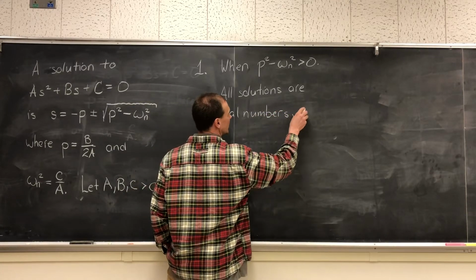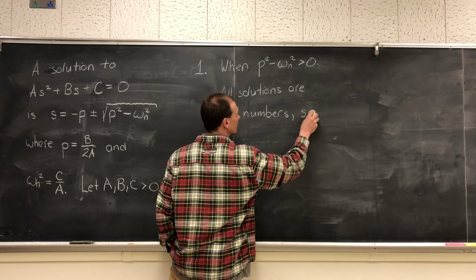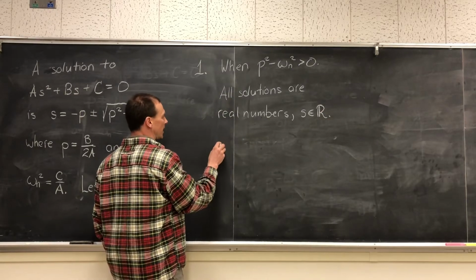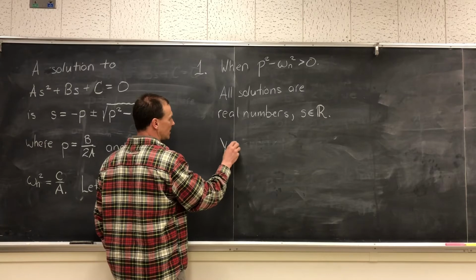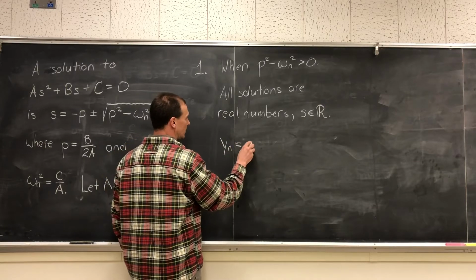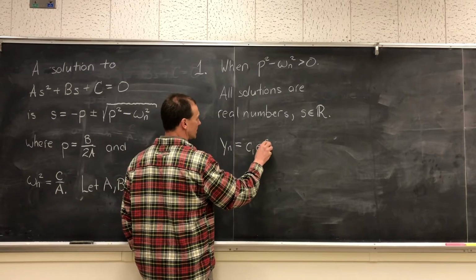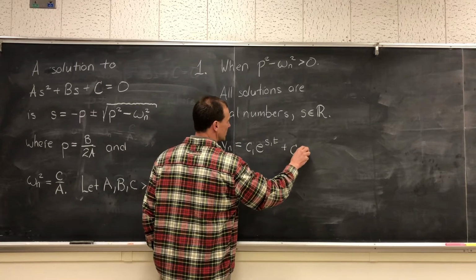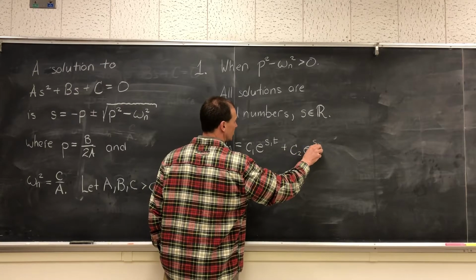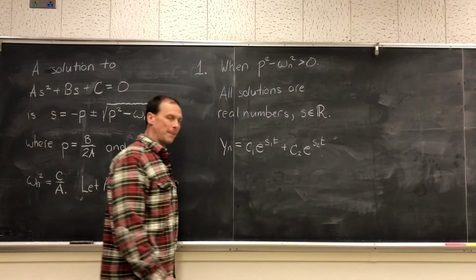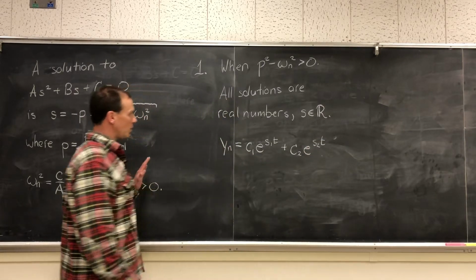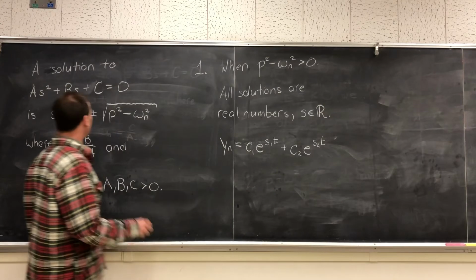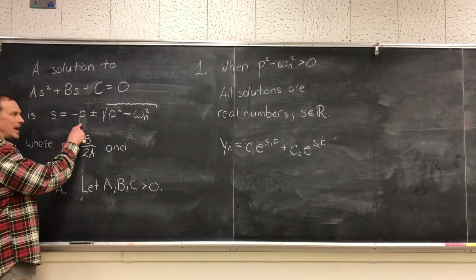And you might see the notation that s, the solution, is an element of the real numbers. But that gives us this format. It gives us our null solution, yn, is equal to c1 e to the s1t plus c2 e to the s2 of t. Now, since a, b, and c are all positive numbers, p is going to be a negative value.